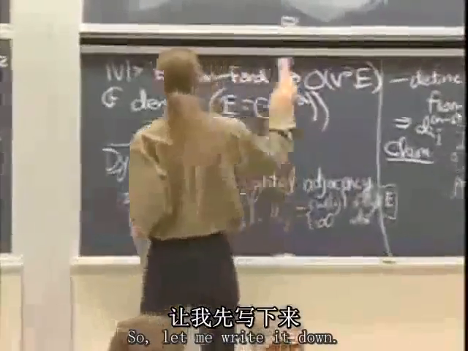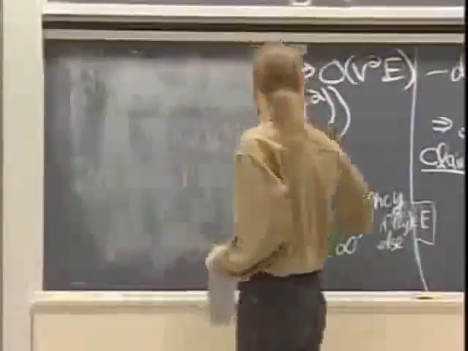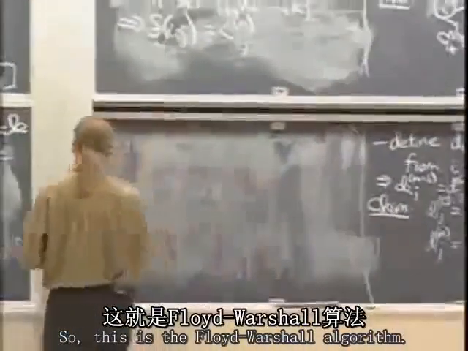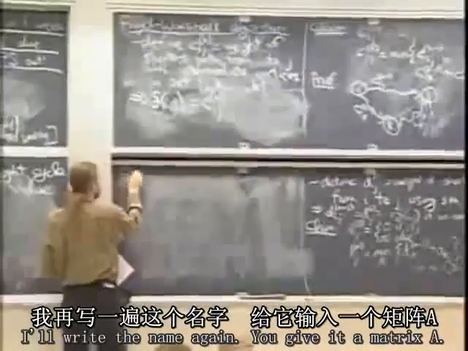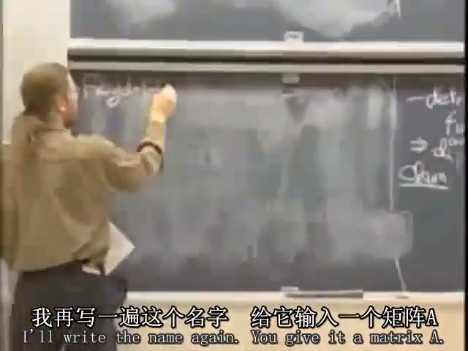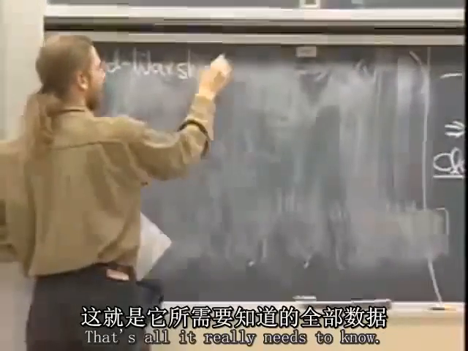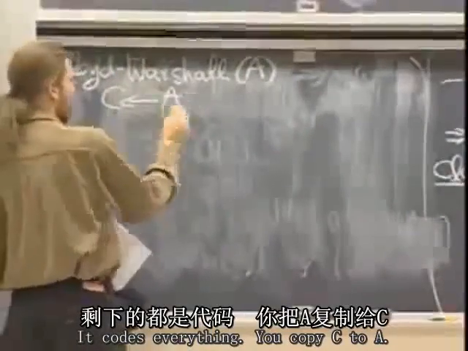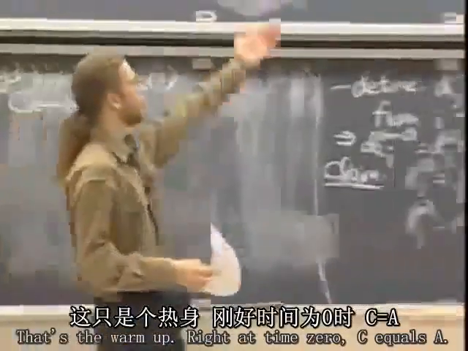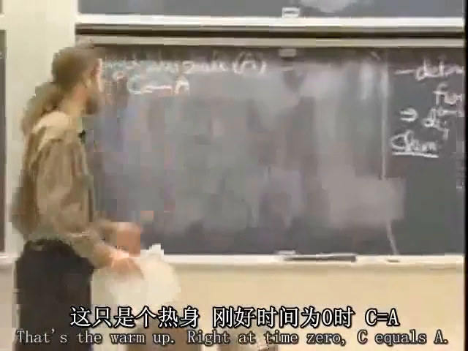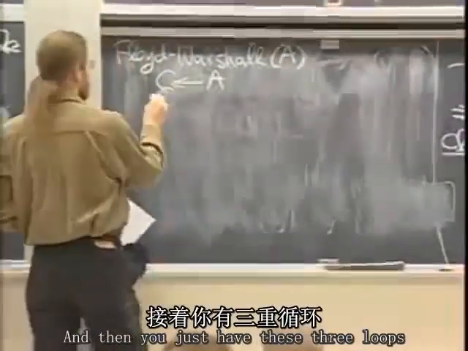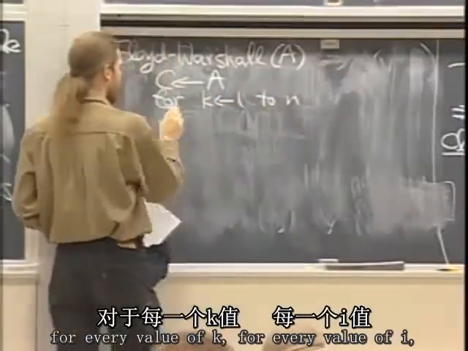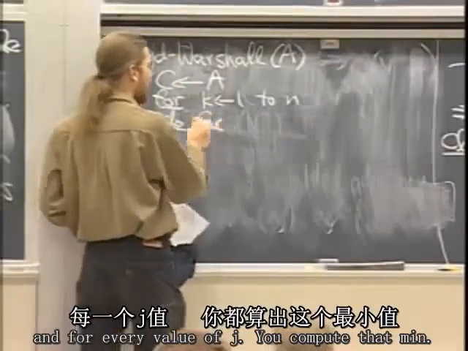So let me write it down. So this is the Floyd-Warshall algorithm. You give it a matrix A. That's all it really needs to know. Encodes everything. You copy C to A. That's the warm-up, right? At time 0, C equals A. And then you just have these three loops. For every value of k, for every value of i, and for every value of j, you compute that min.